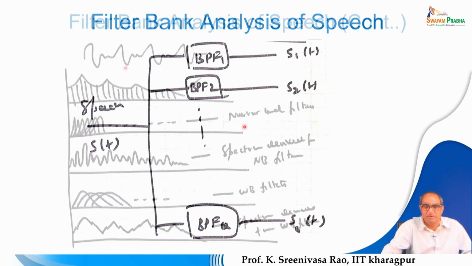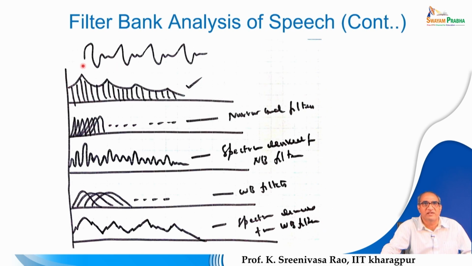That can be useful for discriminating various sounds. The way it is performed is, suppose you take a voiced speech segment. As we know, speech analysis needs to be performed in a quasi-stationary way, because the speech signal is a time varying signal.